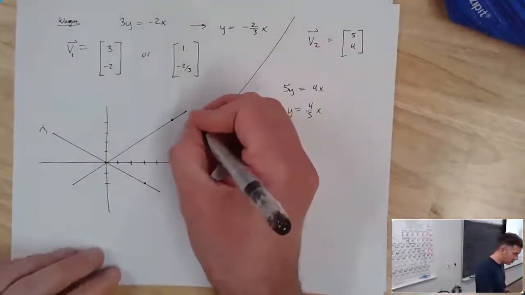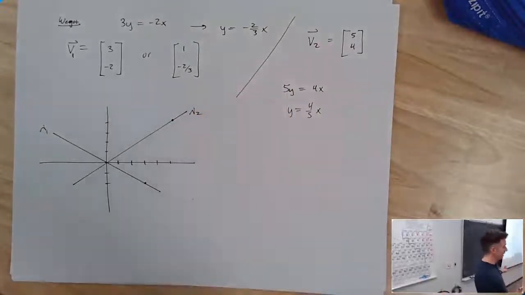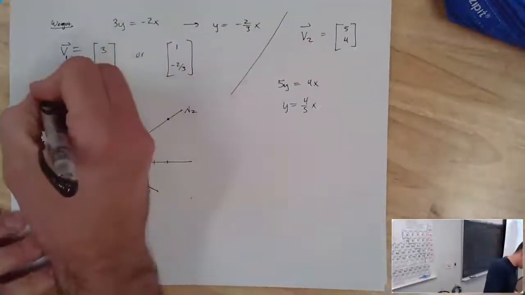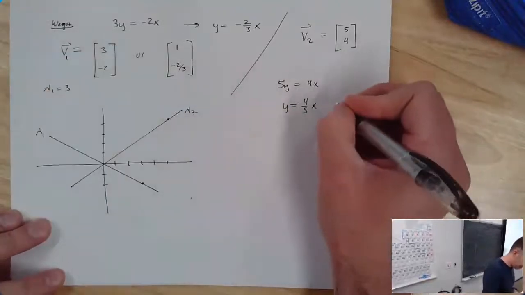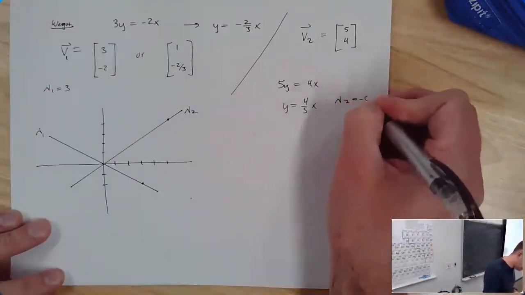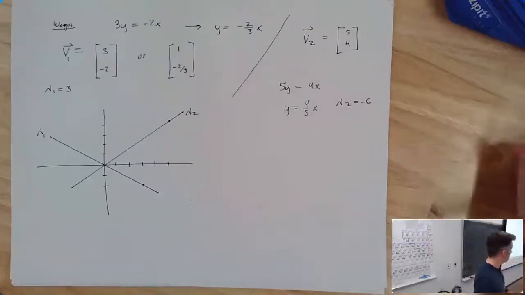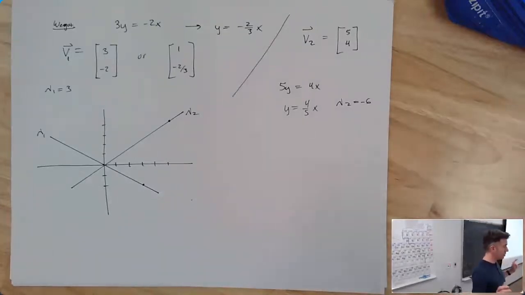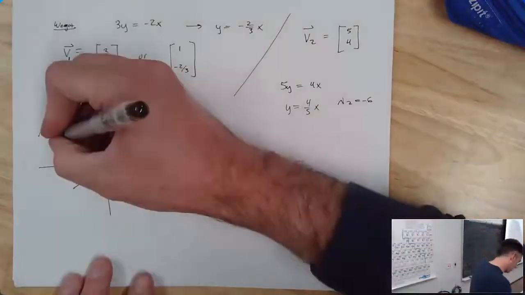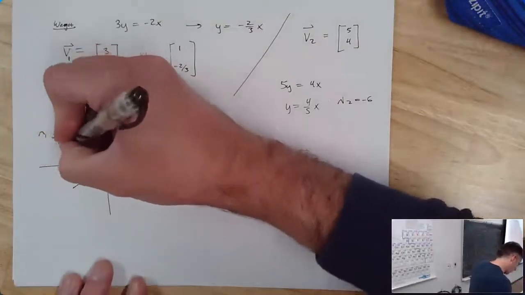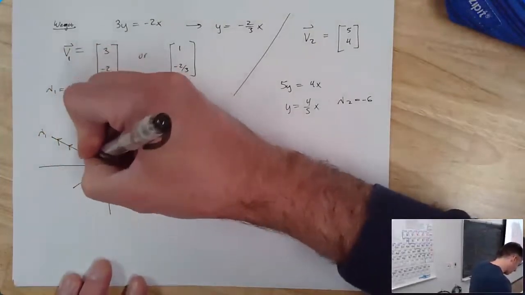It's important that you know, so let's say we actually did have the eigenvalues. Let's pretend that lambda 1 was 3 and lambda 2 was -6. Then I need to know which one goes with which because my arrows point certain directions based on that. If lambda is positive, then the direction is away from the origin on that eigenline.